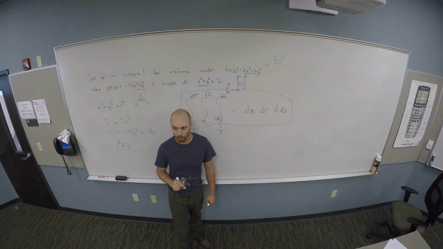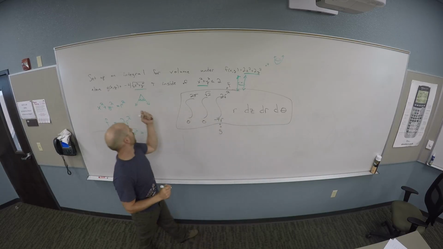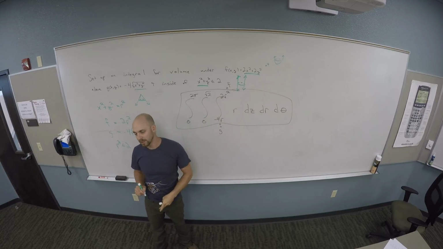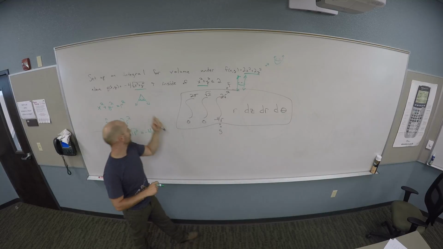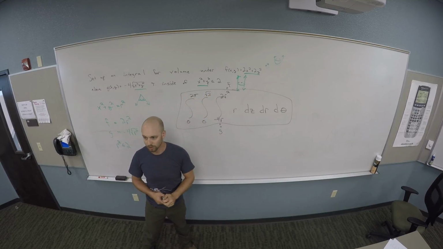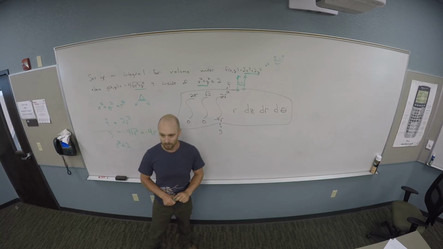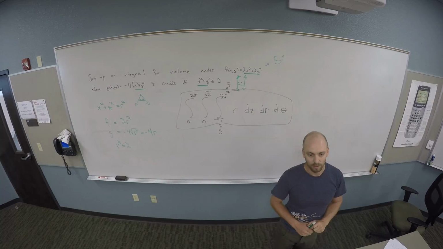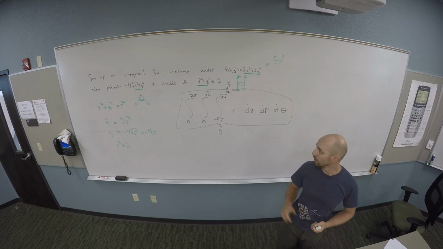So I'm looking for above a cone, under a paraboloid, inside a cylinder. That's definitely suggesting cylindrical. And then my z's start here, stop there. Same conversions. Okay, I drew wrong pictures. That's what I was saying, because then I was trying to do spherical. Oh yeah, so I had no idea what to do.